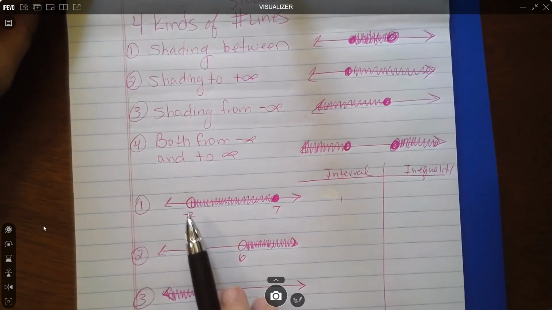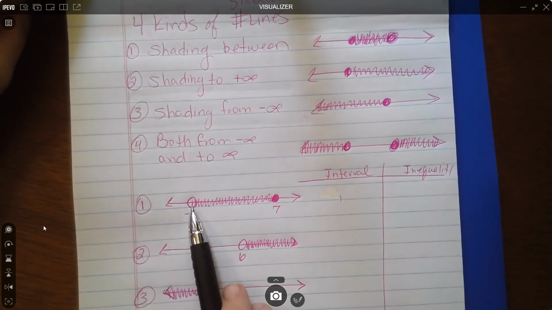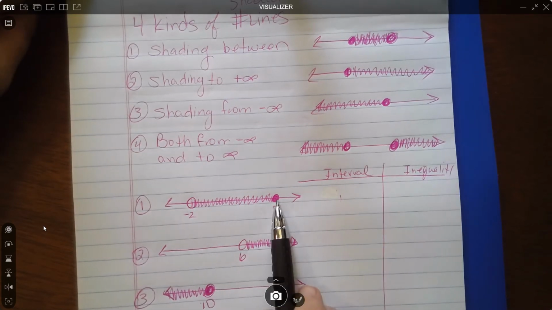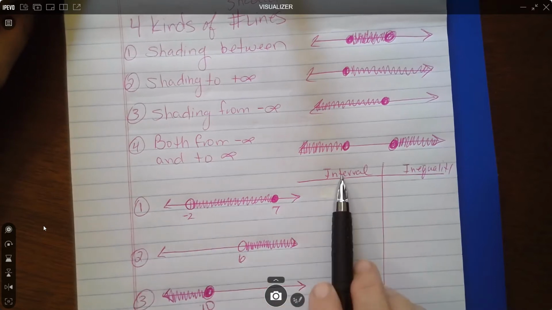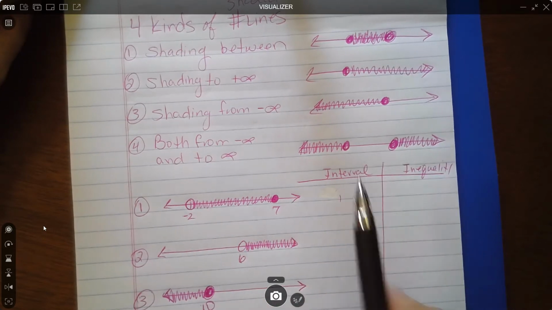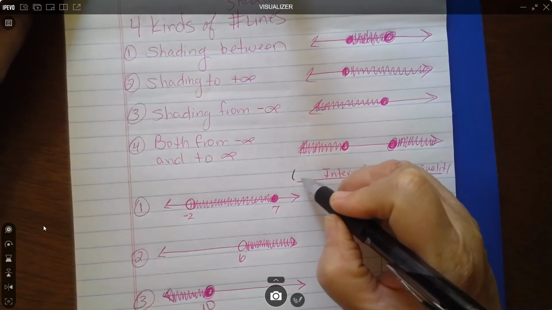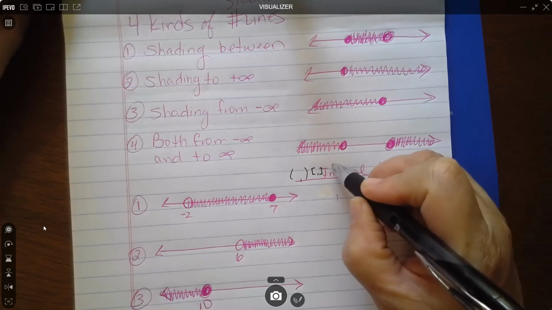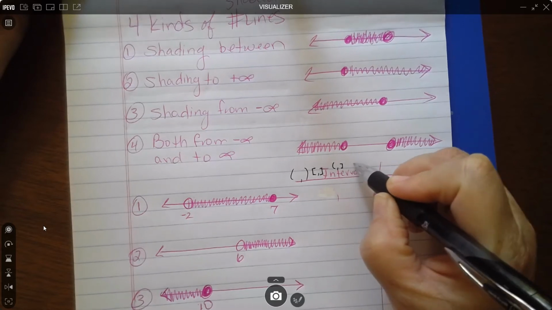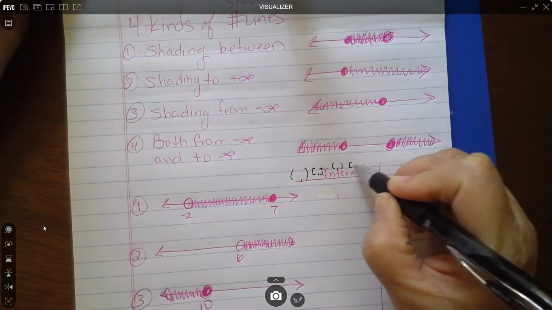If you're not understanding the open circle and the filled circle, that's a separate video. Right now, I'm going to assume you understand that. Right now I'm just showing you how to write it in interval notation. Interval notation is always going to be parentheses or brackets or some combination of both.